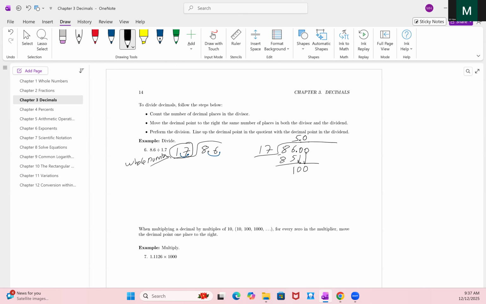And 17 goes into 100. How many times? 5 times. 85. Subtract. 10 minus 5 is 5. 9 minus 8 is 1. So now we put another terminal 0 and we bring it down. So how many times would 17 go into 150?